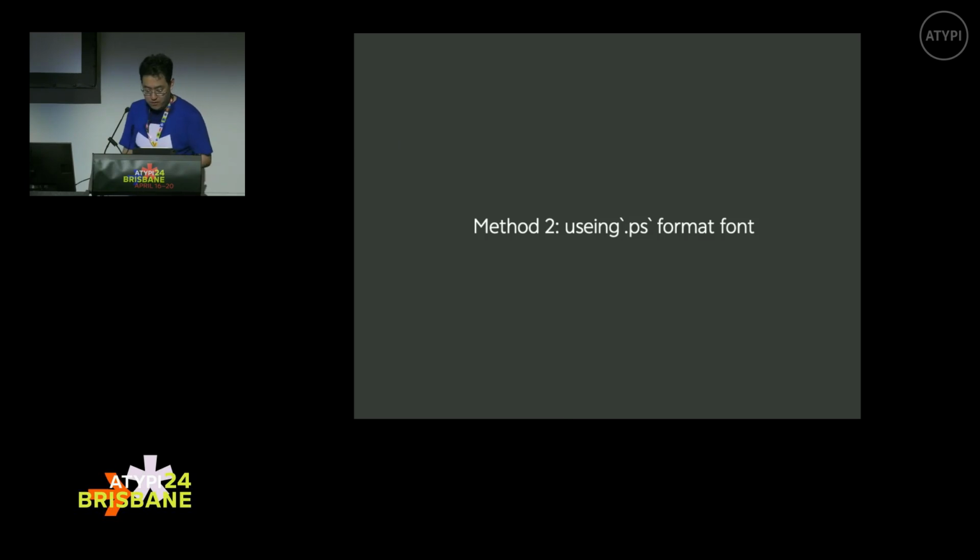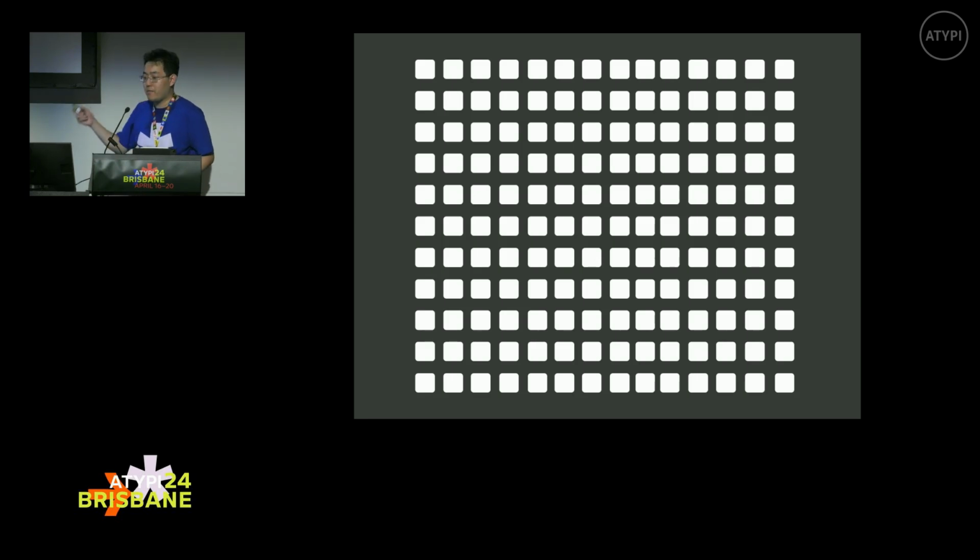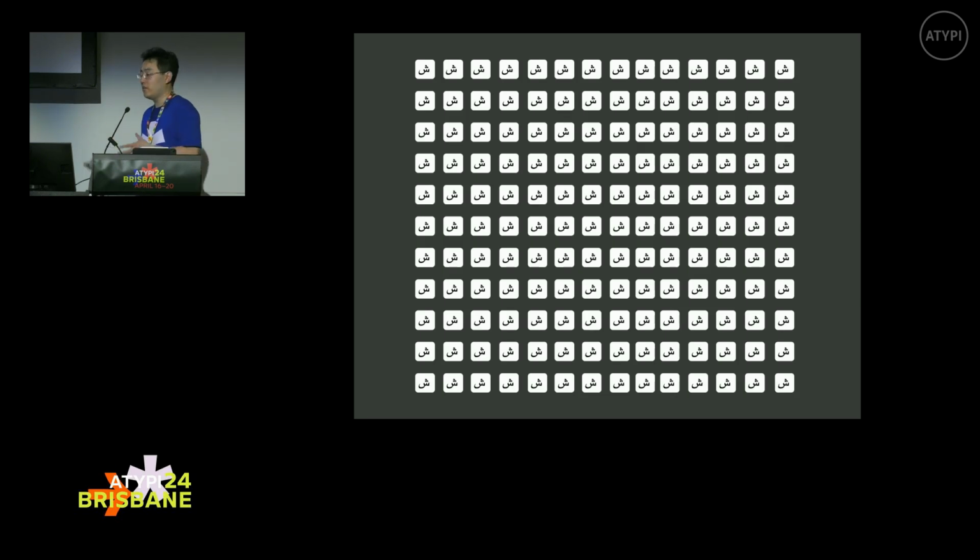And the other method is that we have a specific font format called .ps. In this format, we create an empty file. They are nothing, just placeholders, with no outlines, no basic curves, just empty. And then we put letters in the holes, and we encode that with a customized name.